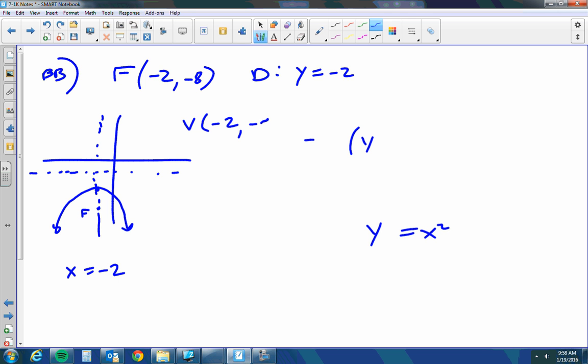Good, very good. Where is the vertex? Halfway between the focus and the directrix, right? So make sure you're doing the midpoint formula between this y value and this y value. -8 plus -2 divided by 2 gives you -5.